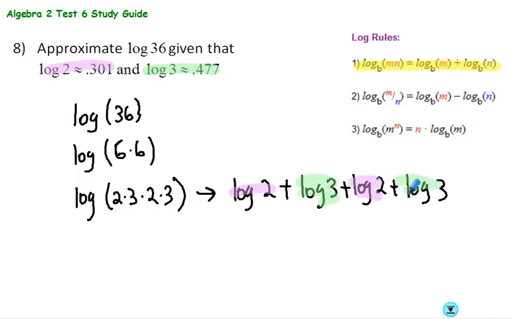So I can start making those substitutions: 0.301 plus log 3, which is 0.477, and then we just want to add all those things up.